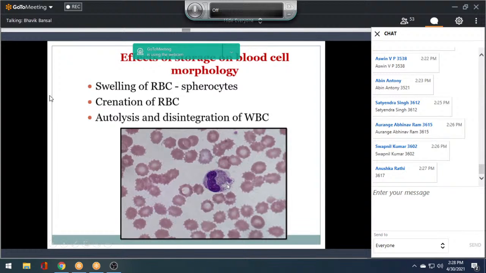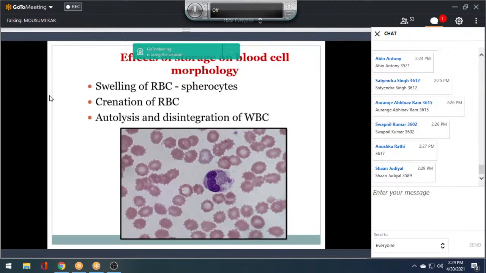What is happening? The different lobes have started clumping together. Then what about this? It has a compromised membrane, probably osmotic. Yes, it has started autolysis and disintegration, and vacuoles have started to come. The separation of the lobes is not clearly visible. So these are the different effects that storage can cause. It is always ideal to either store at 4 degrees Celsius or make the smear at the earliest.